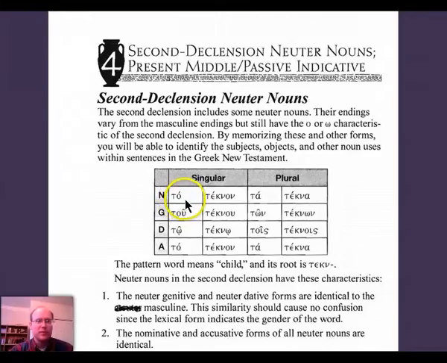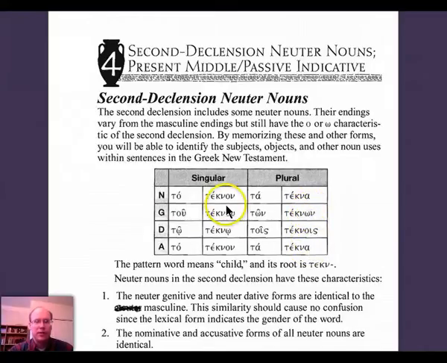Then comes the article, and then the noun itself. The endings of the noun are -on, -ou, -o, -on, -a, -on, -ois, -a.